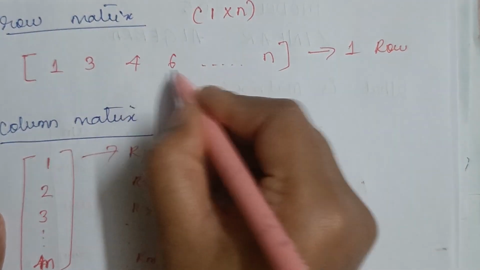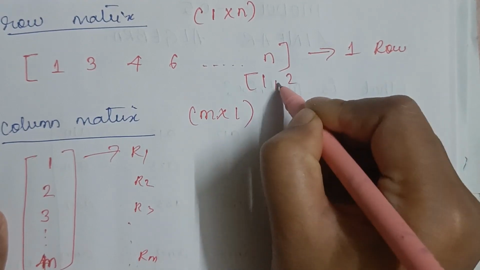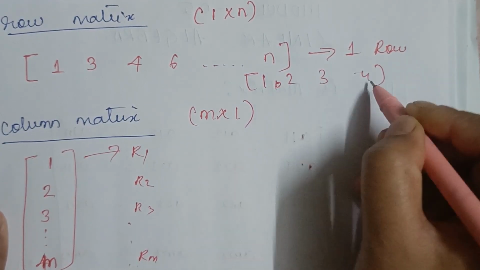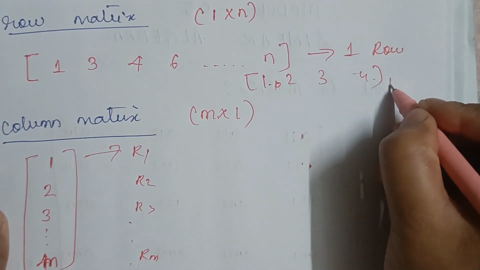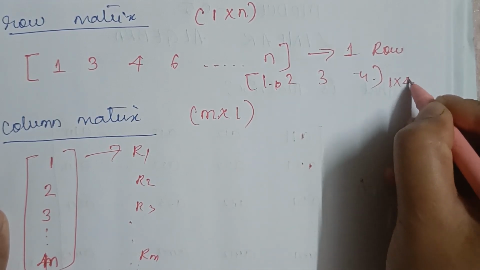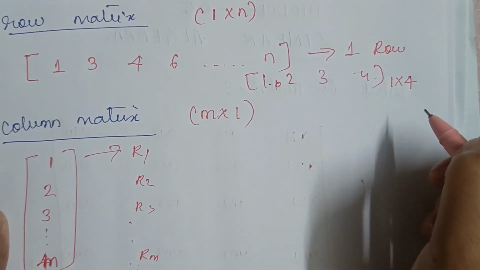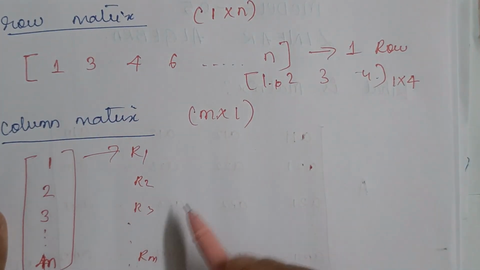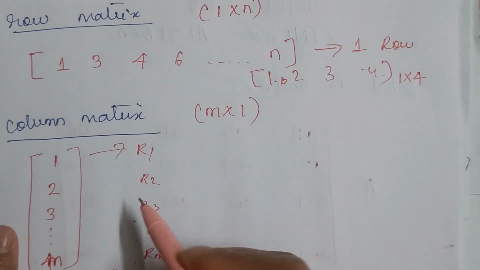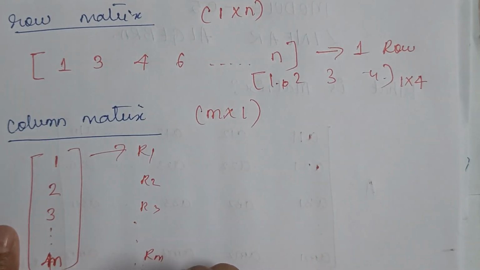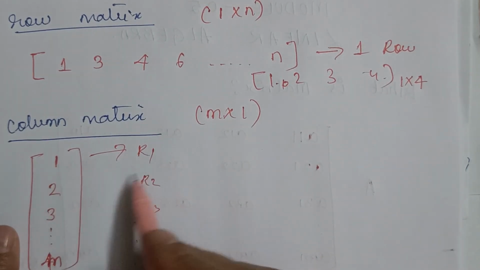So here, for example, I'm taking 1, 2, 3, 4. I have 4 columns, so the order is 1 cross 4, or 1 by 4. And then the column matrix. In this column matrix, I have only one column and multiple rows.